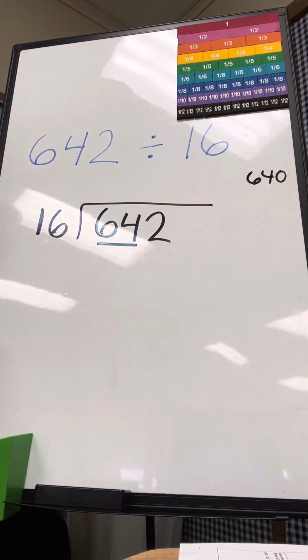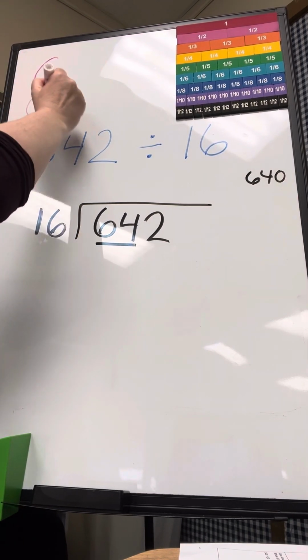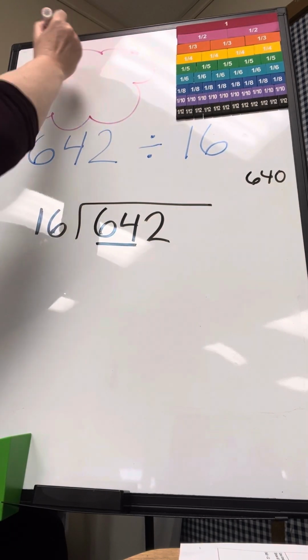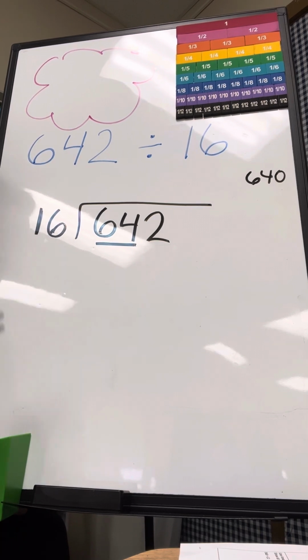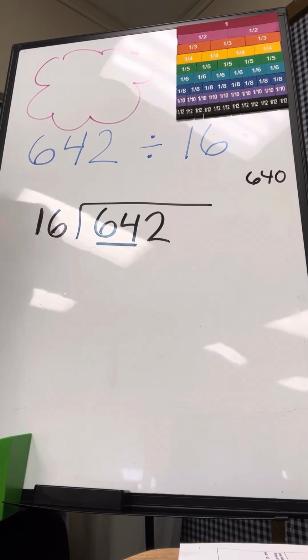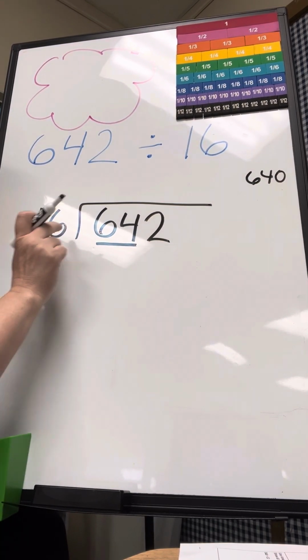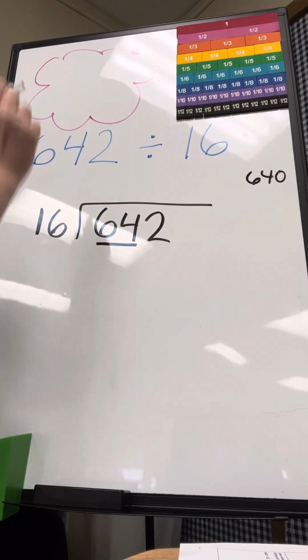So the first thing I'm going to think about kind of over on my side, I'm going to make a little thinking bubble over here. Here's my thinking bubble. I'm going to think, well, 16 is a hard number to go from. So I'm going to ask myself, how many times does 8 go into 64?